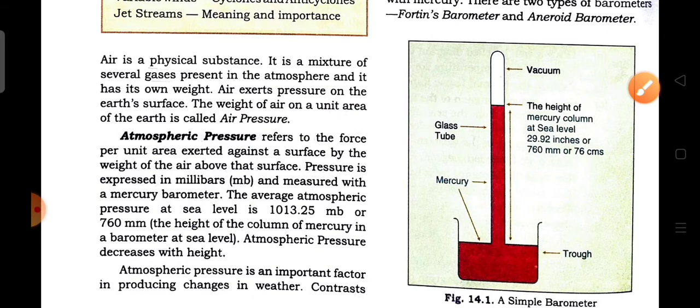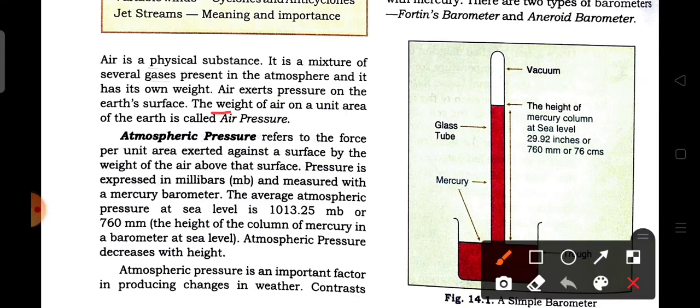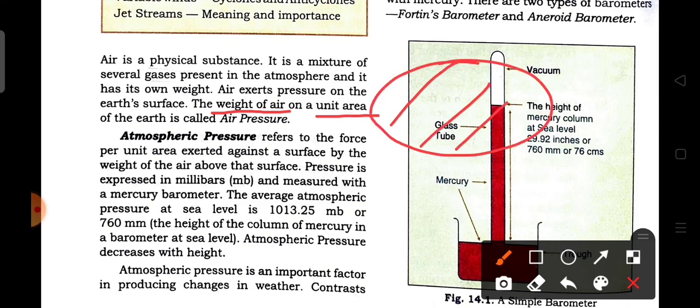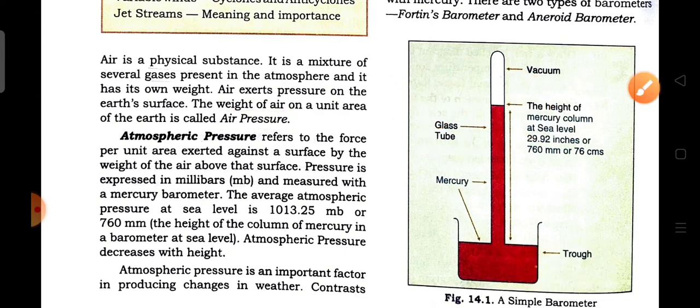Let us define the word air pressure. The weight of air on a unit area of the earth is called air pressure. So in a unit area, the air has a weight, and this weight of the air is called air pressure.